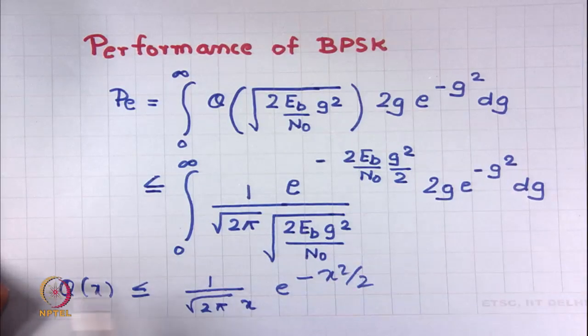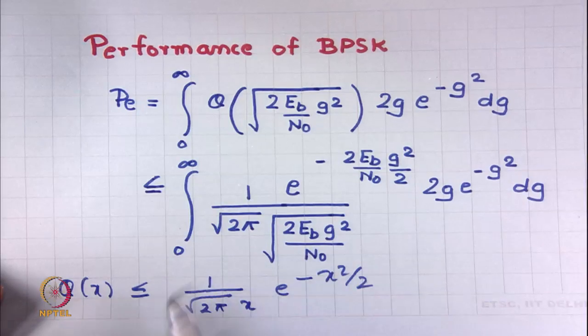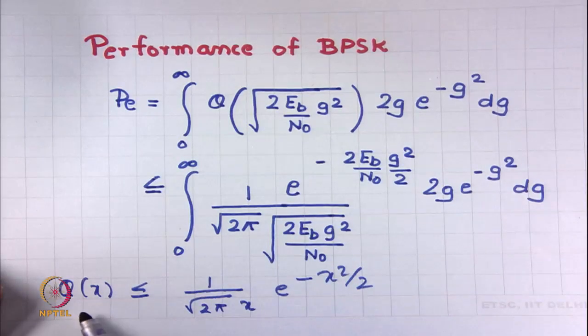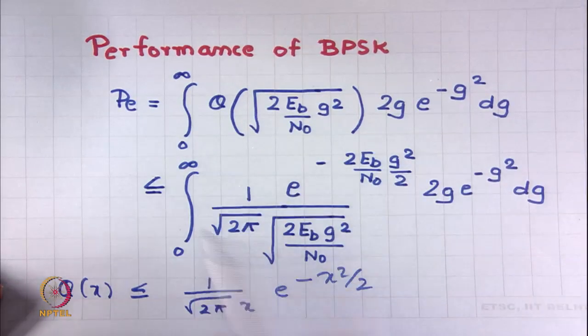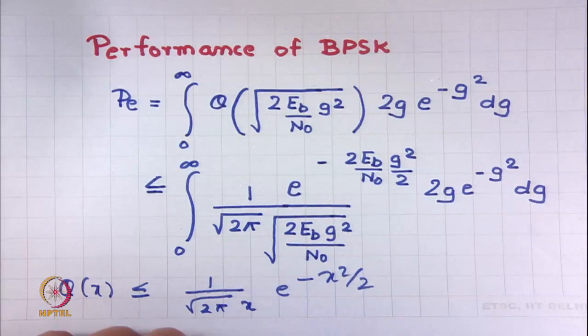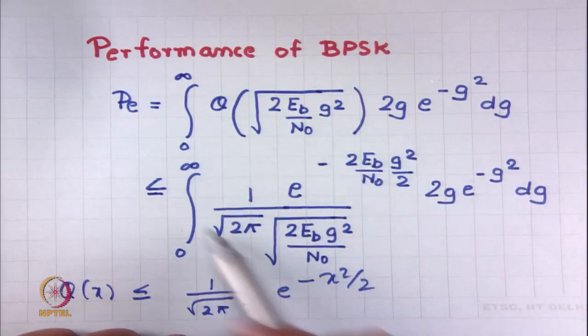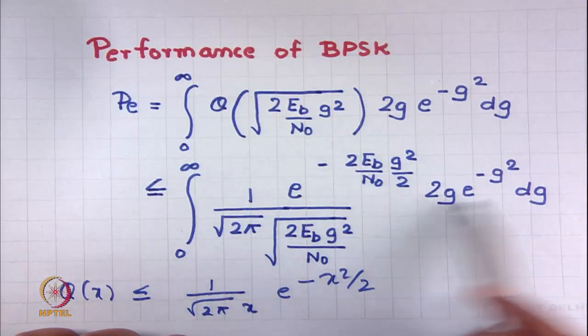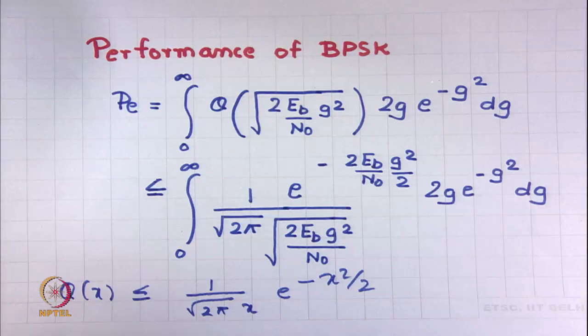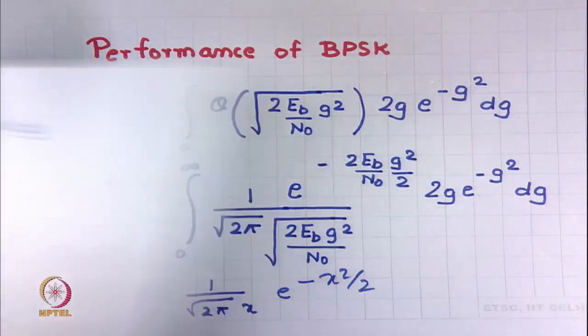So, substituting this in place of Q of x will give me an upper bound on the probability of error, and multiplying by the density, we can get an upper bound on the probability of error.